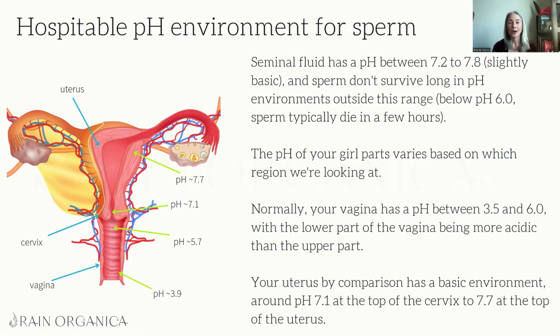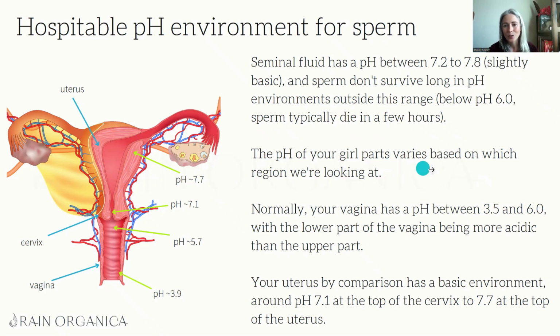And now we're much closer to a physiologic pH of 7.1. So we've moved ever so slightly basic on the pH scale, 7 being neutral. And then as you continue to move up your uterus, closer and closer to your fallopian tubes, the pH continues to shift and become more and more basic, up to about a pH of 7.7.